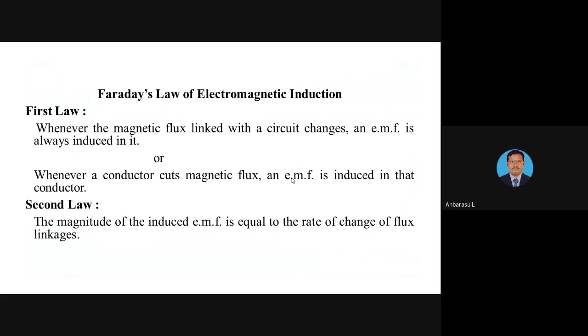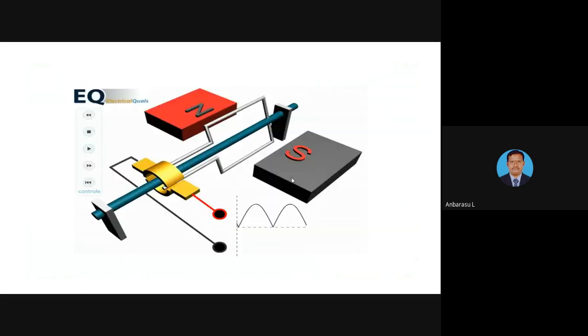The second law: the magnitude of the induced EMF is equal to the rate of change of flux linkages. The first law indicates only how to produce the induced EMF. With the second law, we can determine the induced EMF magnitude. So these are the two statements of Faraday's law of electromagnetic induction.